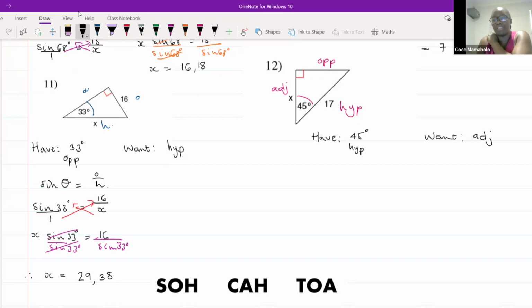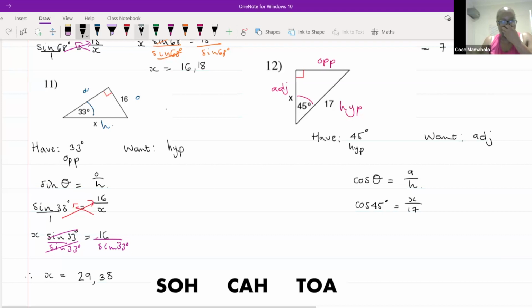Thank you, Kulani. I haven't even asked the question yet and Kulani has already written cos in the chat. Absolutely, we're going to use cos. So cos of theta is equal to adjacent over hypotenuse. Let's substitute: cos of 45 degrees is equal to adjacent, which is x, over hypotenuse, which is 17.